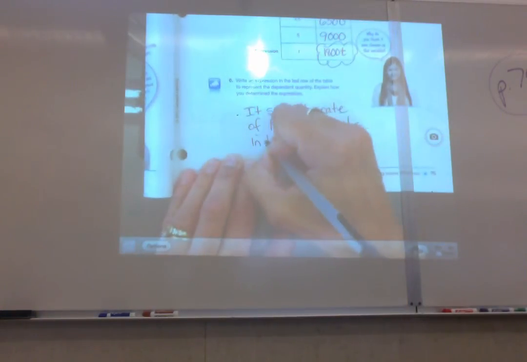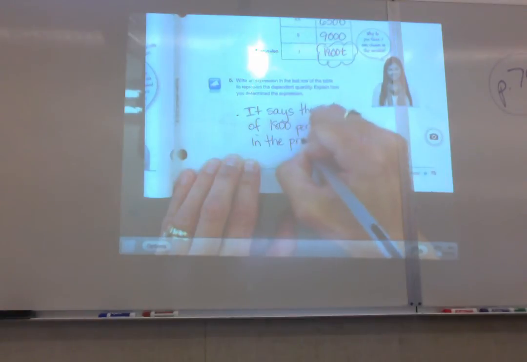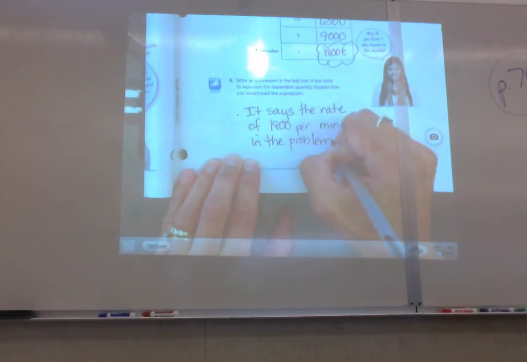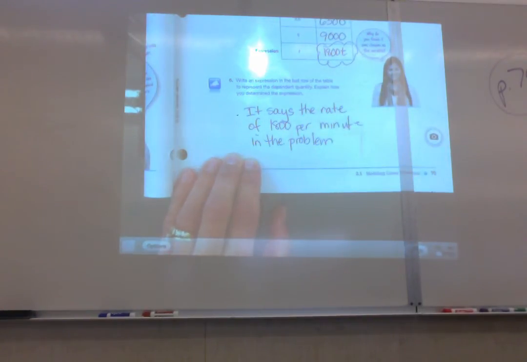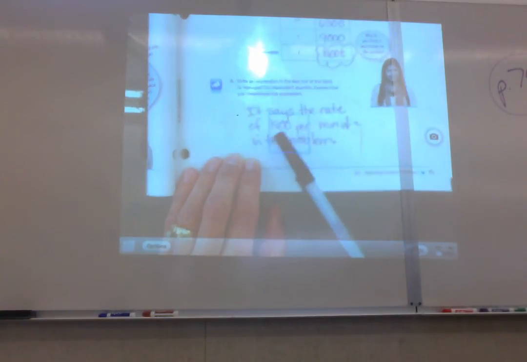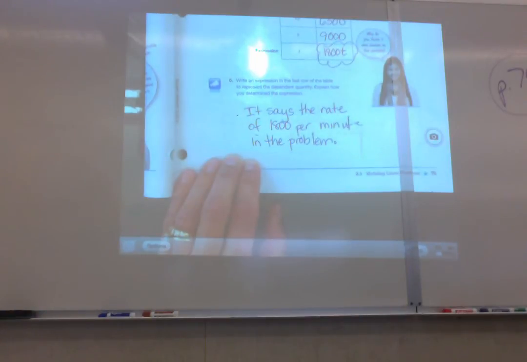And why did we decide to multiply, to ultimately make an expression with multiply? So that was how we got started. But some of us started adding and some of us started timesing. Why did timesing turn out to be a better way? Molly?